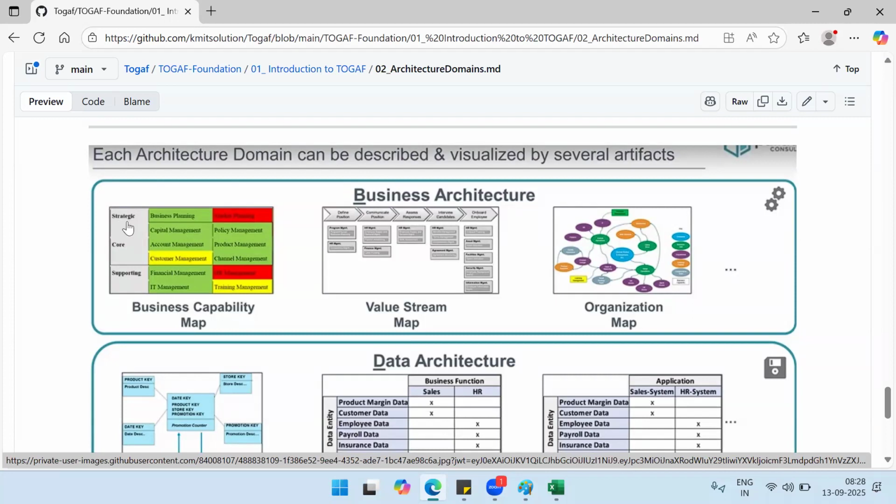Here you can see the business capability map. What is the strategy? What are the core components?